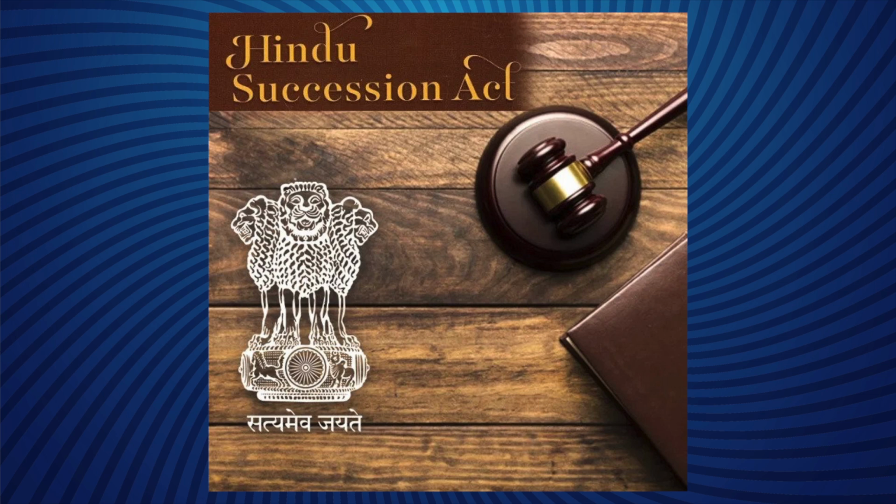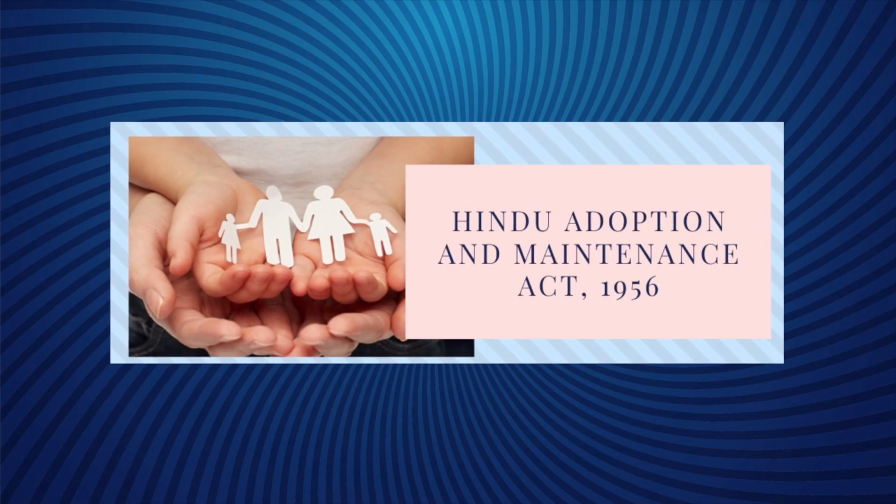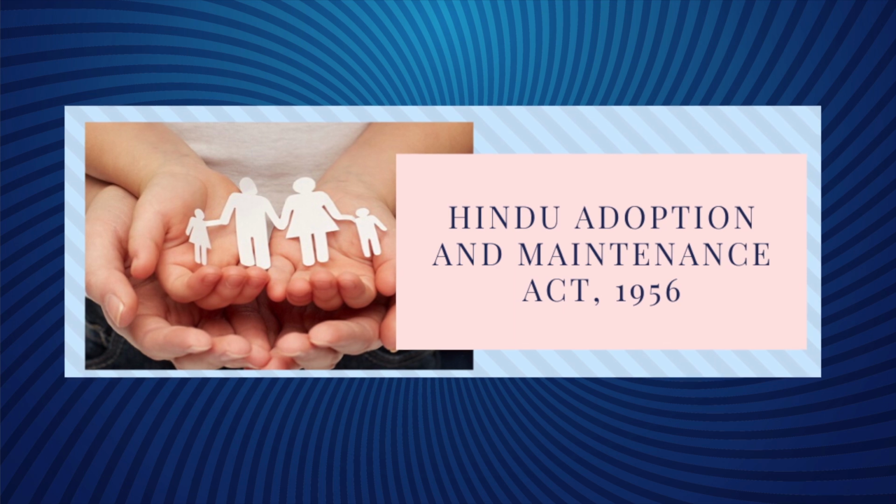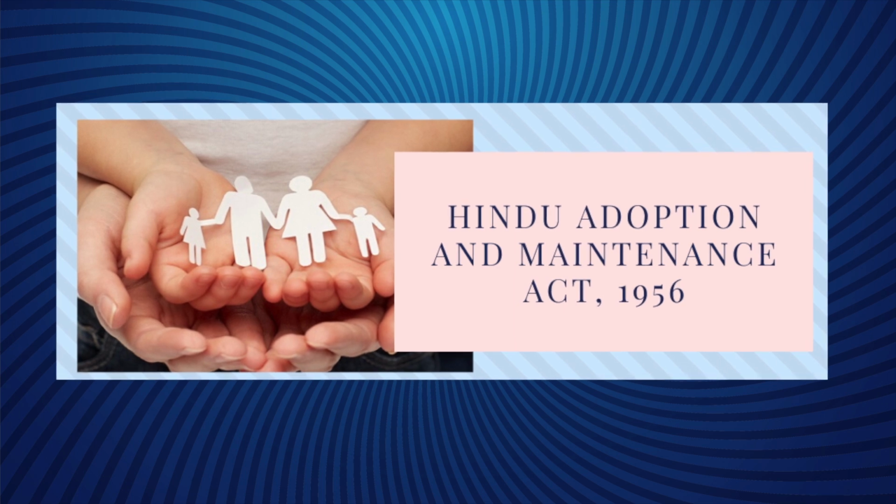The act confers for the first time absolute rights over the property possessed by a Hindu woman. Both sons and daughters get the right of inheritance of property because of this act. The Hindu Adoption and Maintenance Act of 1956 has been a step toward the upliftment of the status of women.